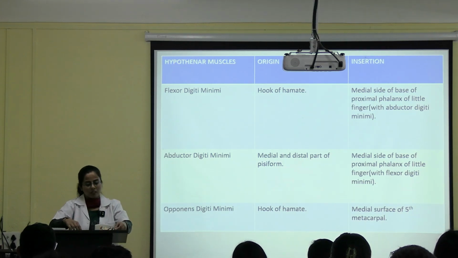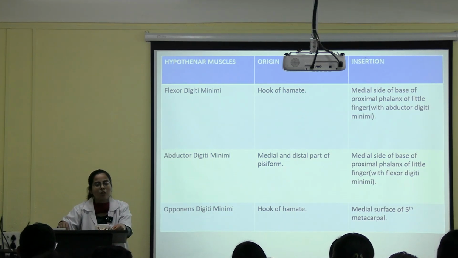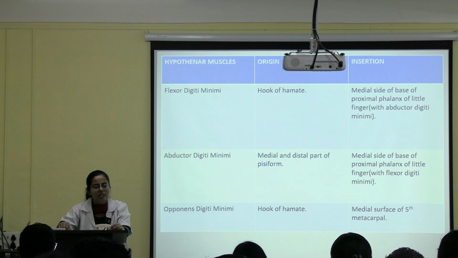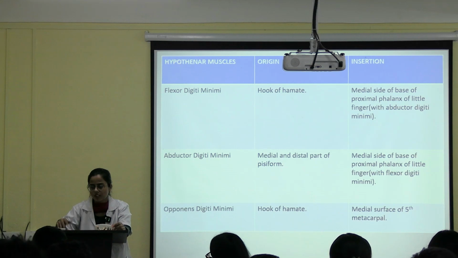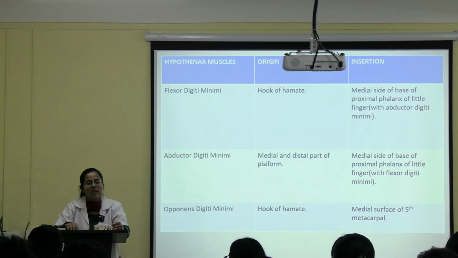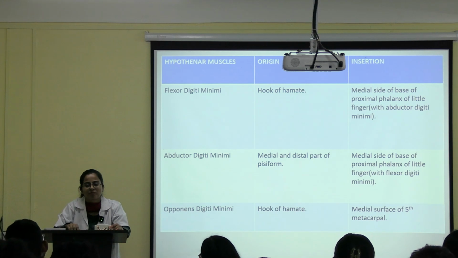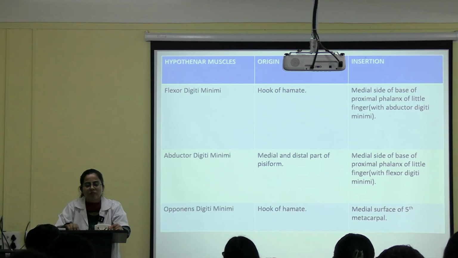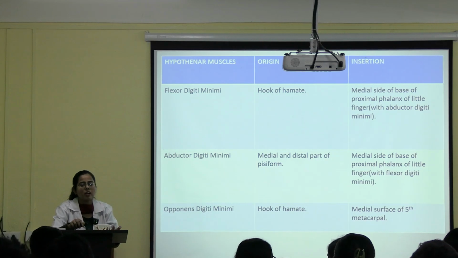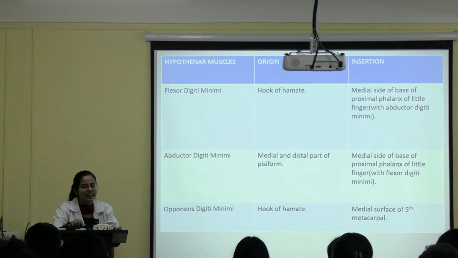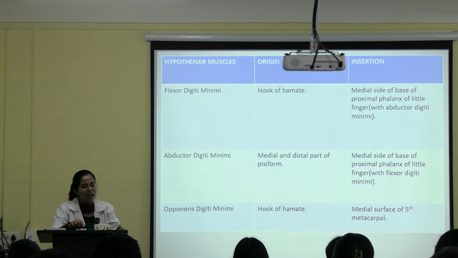So, then can you tell me which is the thenar eminence and which is the hypothenar eminence? Thenar is this one. Muscles of thenar region. Okay. Nerve supply. Median. Adductor pollicis by ulnar nerve.